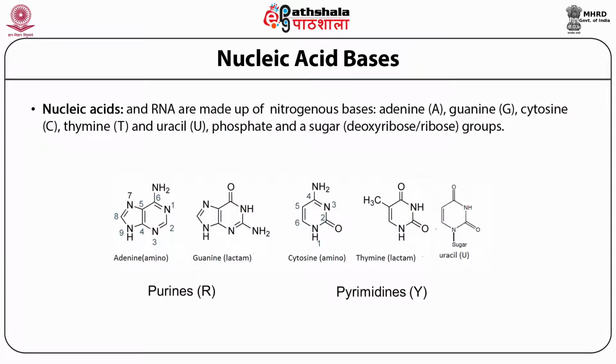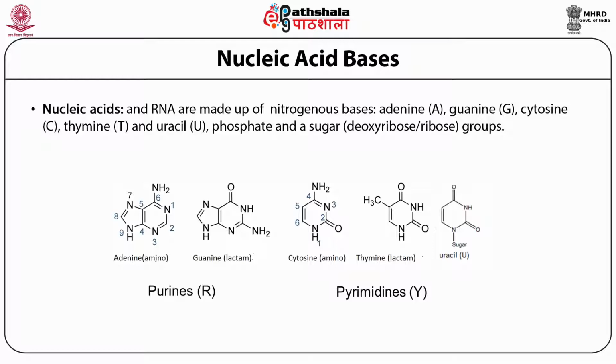Nucleic acids, DNA and RNA are made up of nitrogenous bases as adenine, guanine, cytosine, thymine, uracil, phosphate group, and sugars, deoxyribose and ribose. The sugar phosphate makes the backbone, and the bases, nitrogenous bases, belong to two classes.